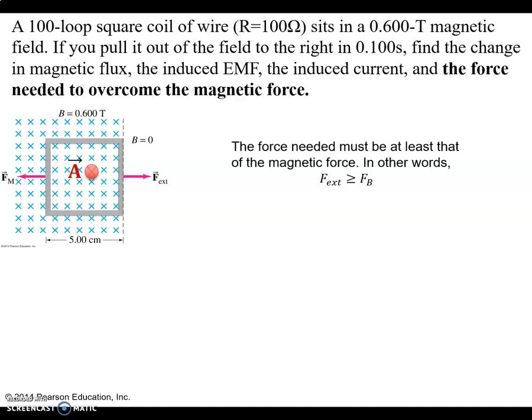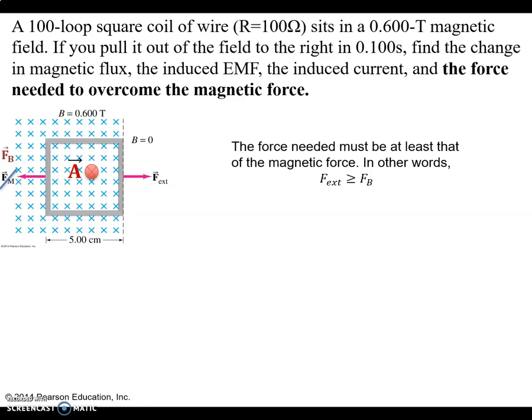The magnetic force is indicated as the force on the left. I also don't know why it's written as Fm, so we're going to say that that is Fb. That's the force exerted by the magnetic field on the left-hand side of the loop.